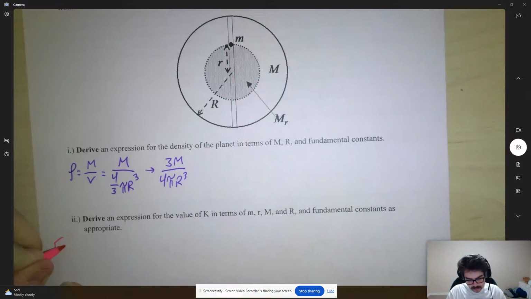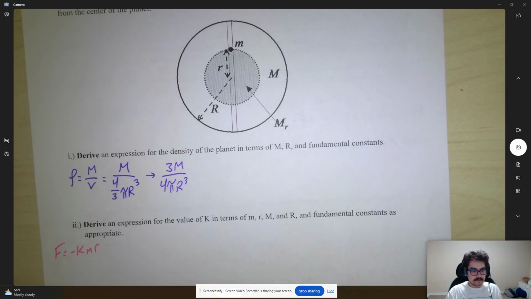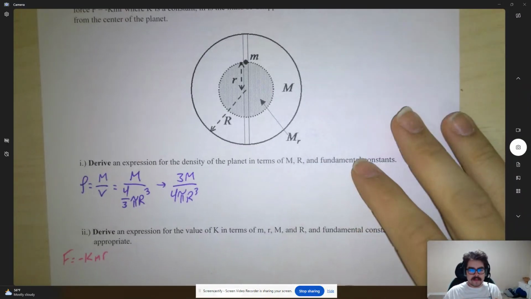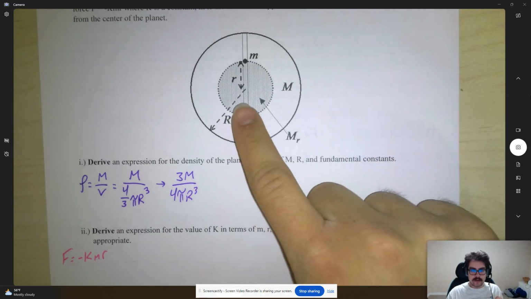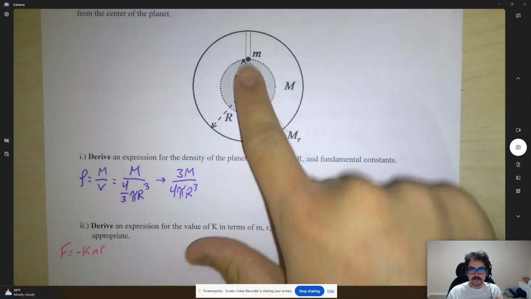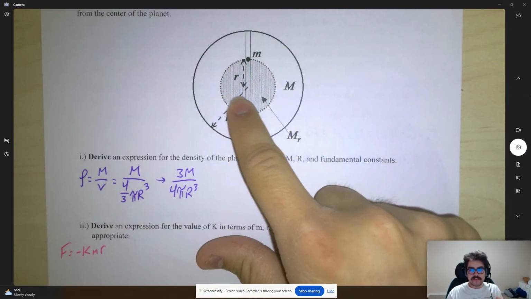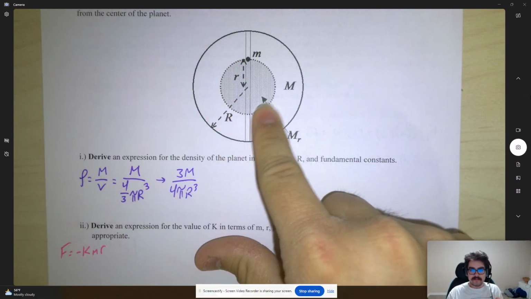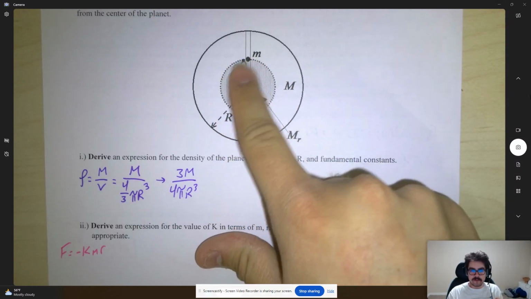The force being exerted is negative kmr. The only part that actually exerts gravitational force on Chapel at any moment in terms of r is going to be the sphere that has her on the circumference of it.